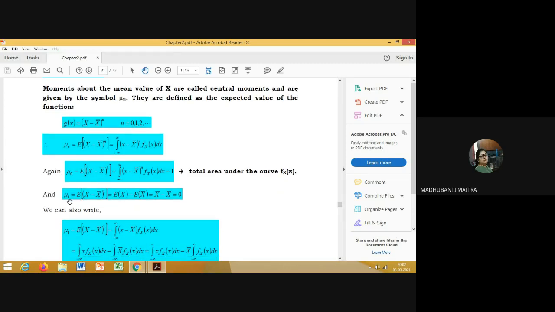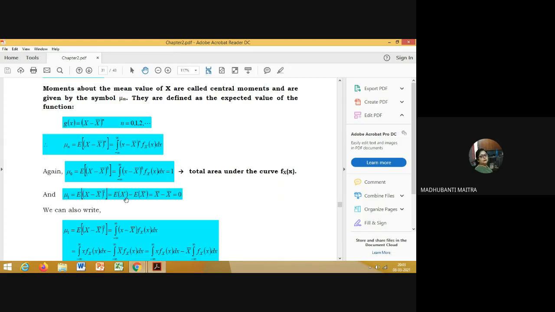Now the first central moment, or moment about the mean, is given by the expected value of (x minus x bar) to the power 1. This can be expanded as expectation of x minus expectation of x bar.